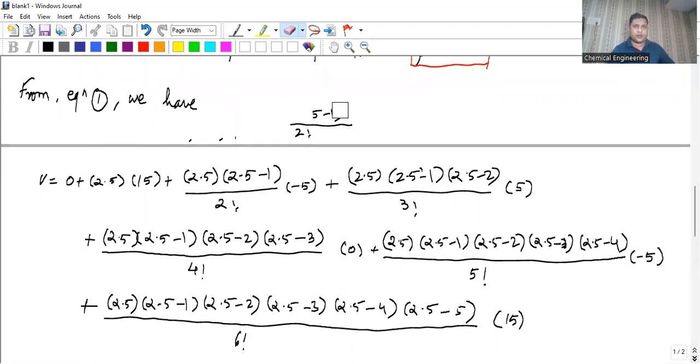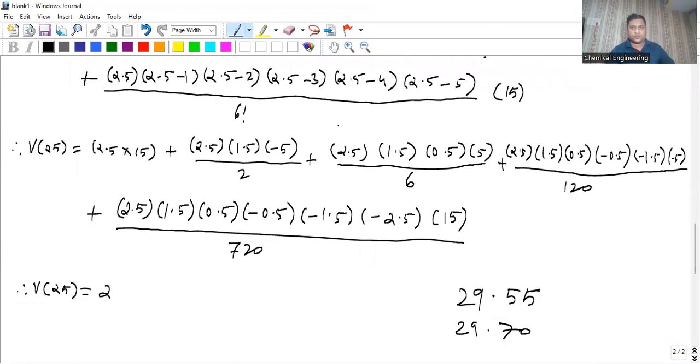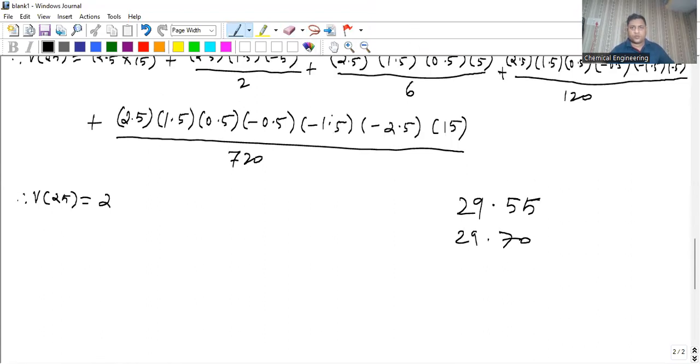This expression I have written in the next step, next page. So how many of you are reading which value? First one, 29.55.